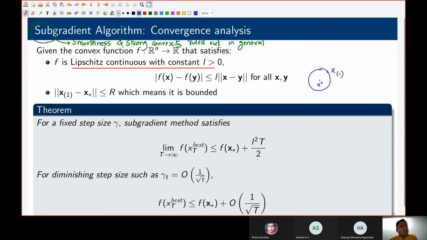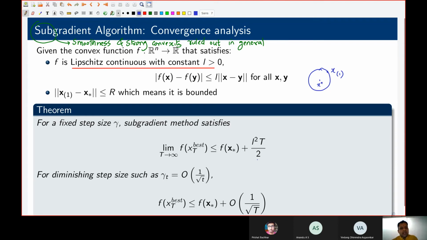Not very happy to see this. As t increases, the gap is not diminishing anywhere. So basically, it's less than or equal to f of x star, but then L square t by 2 is there.